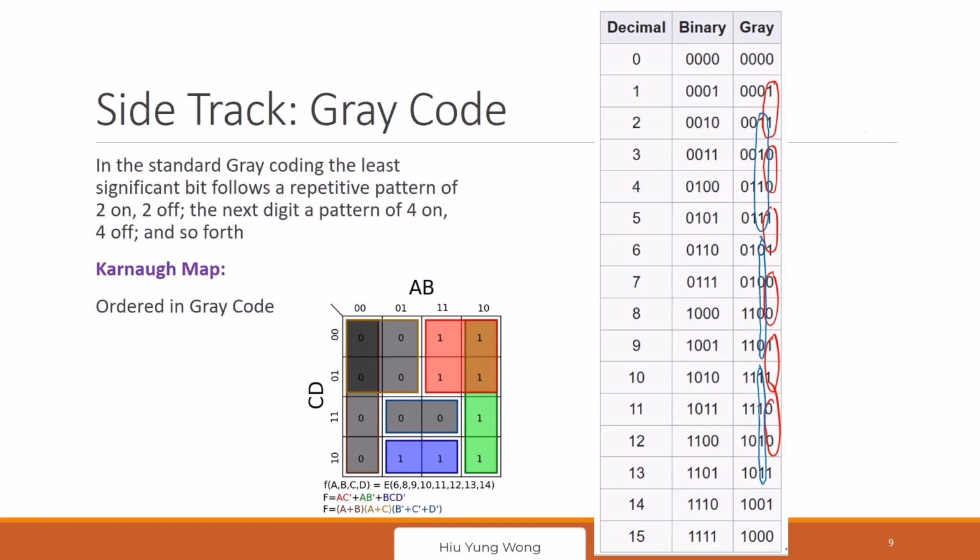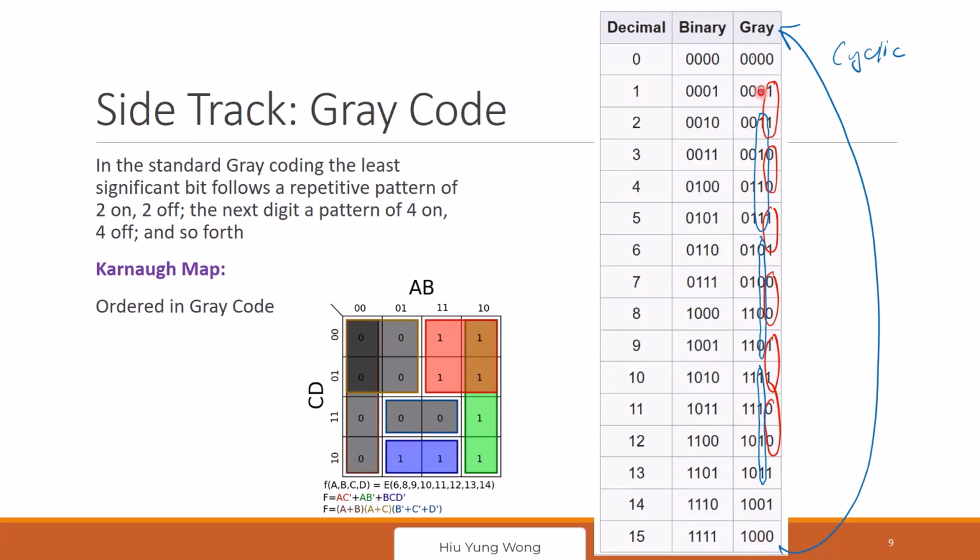It is cyclic, by the way. This is called cyclic. When you go to 15, 1,0,0,0, you just change the first bit to 0, then you go back to 1. And the same for the third bit, you will see that you have 8 on and then 8 off.